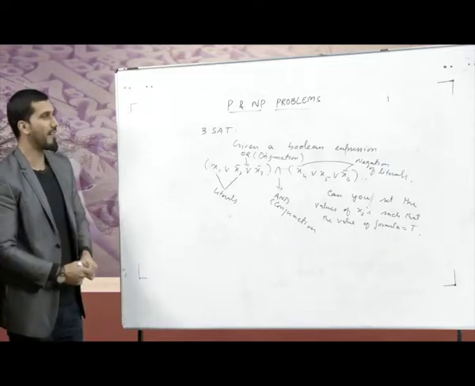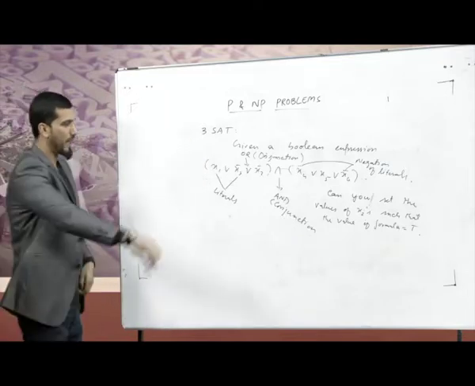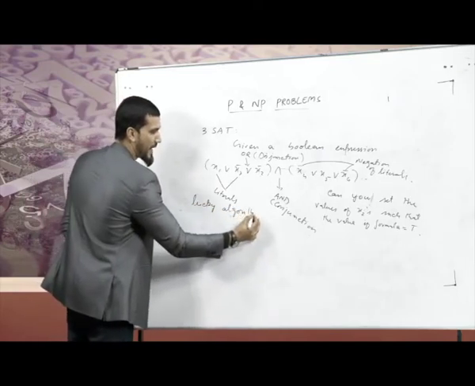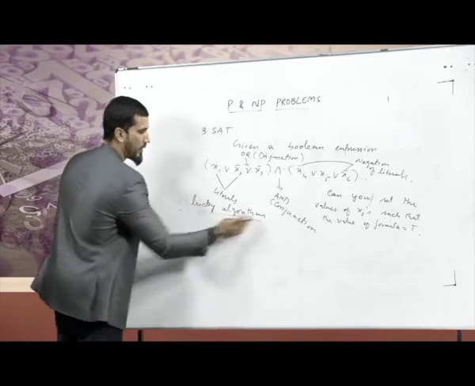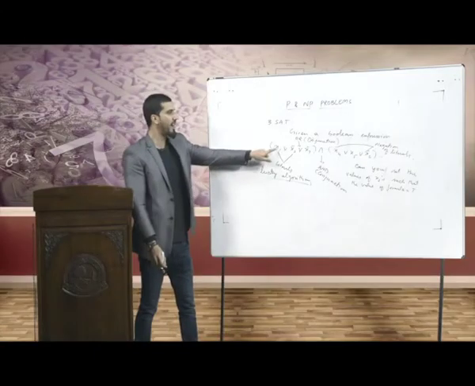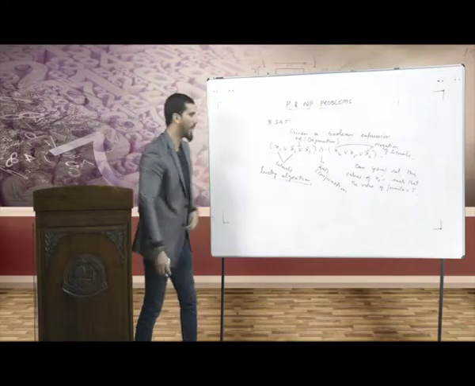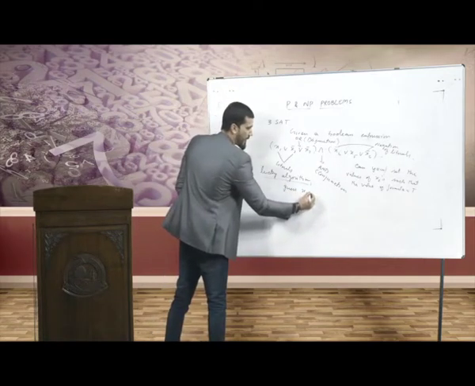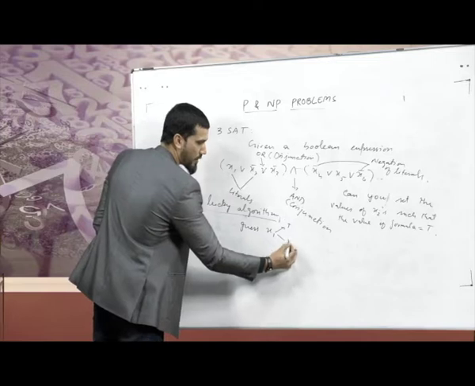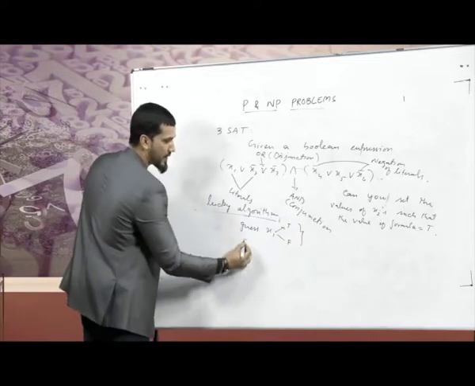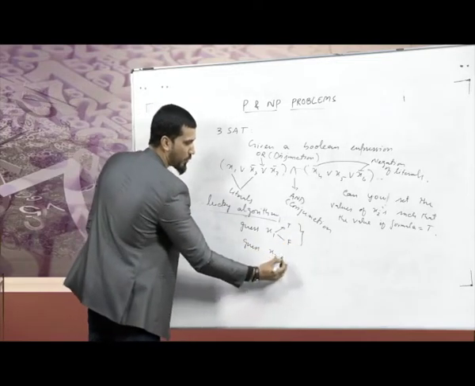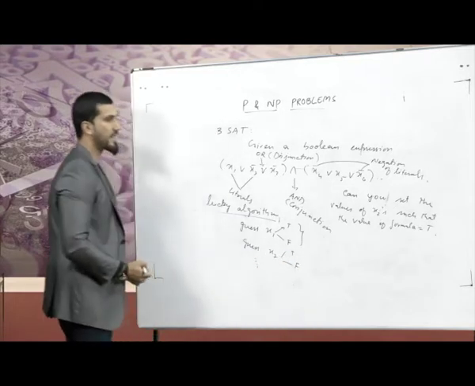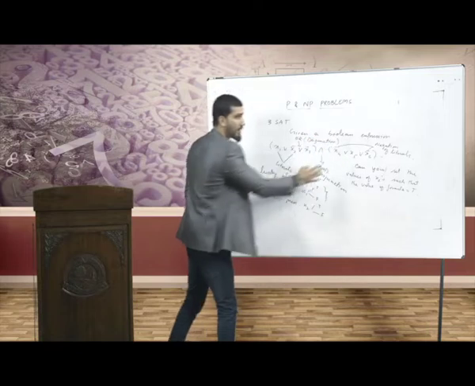Now let's see how a lucky algorithm will solve this problem. What a lucky algorithm does is, it makes guesses for every value of each literal in the formula. It makes a guess for the value of x1, it can either be true or false. Now it makes another guess for x2. In the same way, it makes guesses for all the literals in the formula.